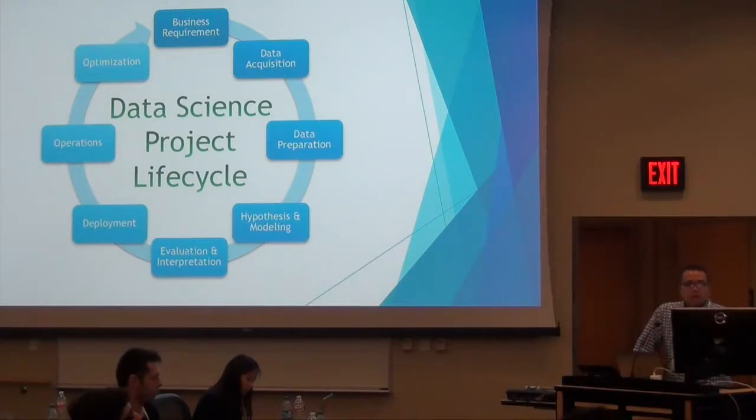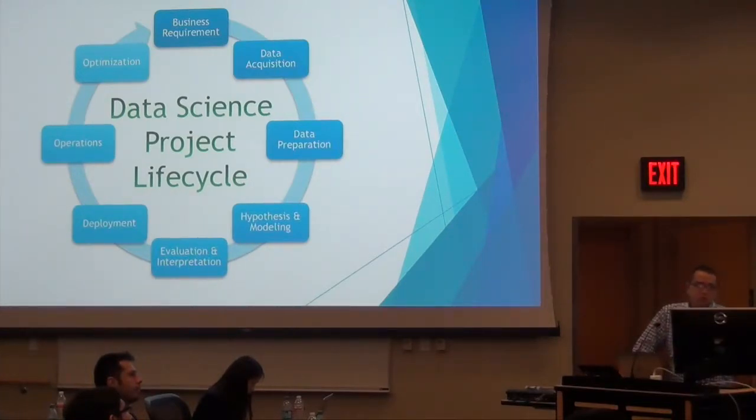The data science project life cycle is the whole process when we build a data science project. The output from this project is a recommendation system, a fraud detection system, whatever the business project is.